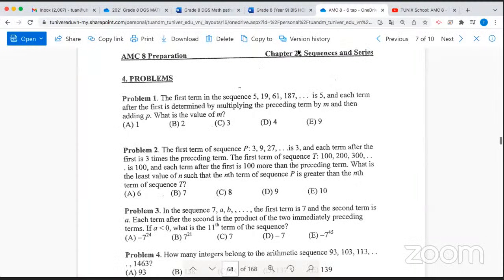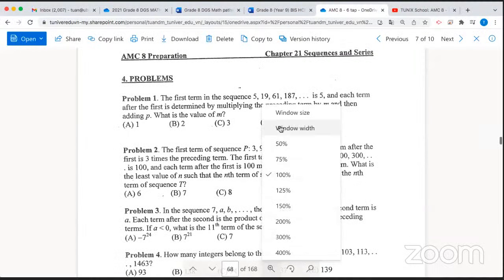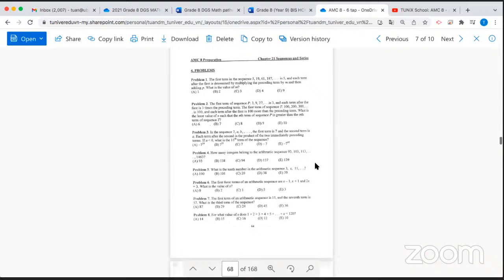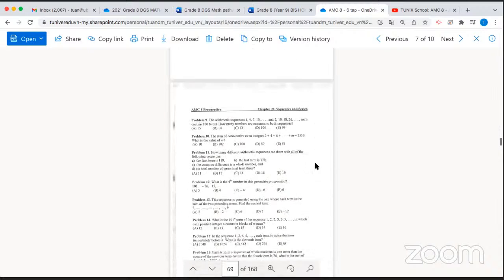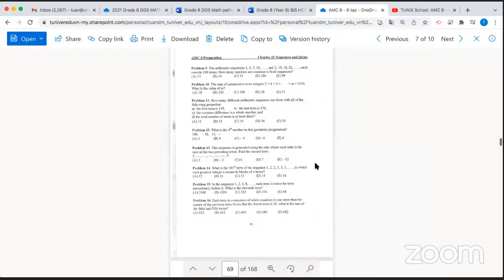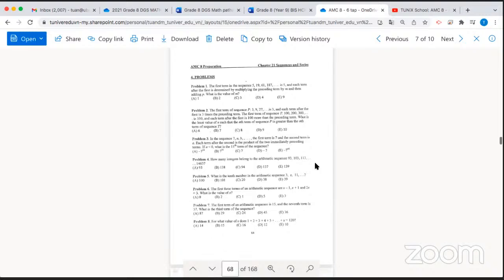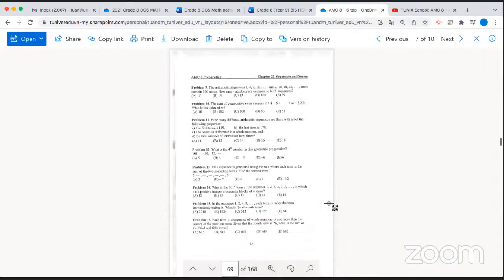Okay, now it's better that you capture for me the question problems here, 1 to 8, 9 until 16. I think this one, and also this one.